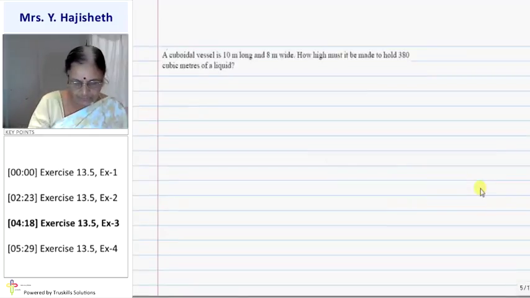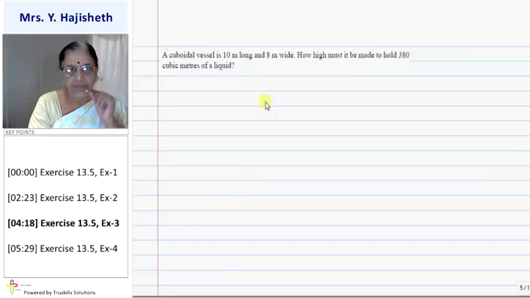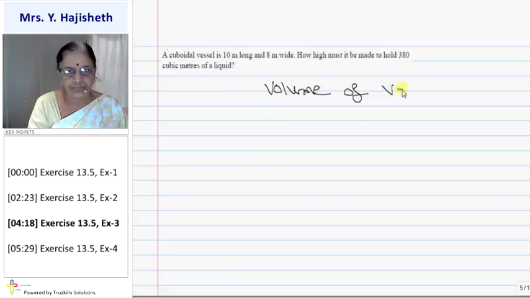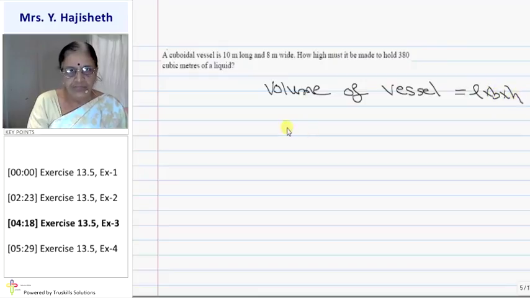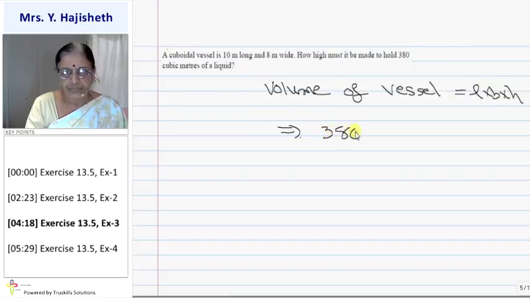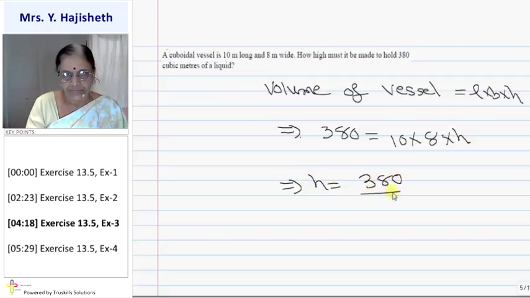Volume of vessel is given. Actually according to formula it is L into B into H, but volume of vessel is given as 380. Length is given as 10, B is given as 8, and this is H. So what is my H? 380 upon 10 into 8.